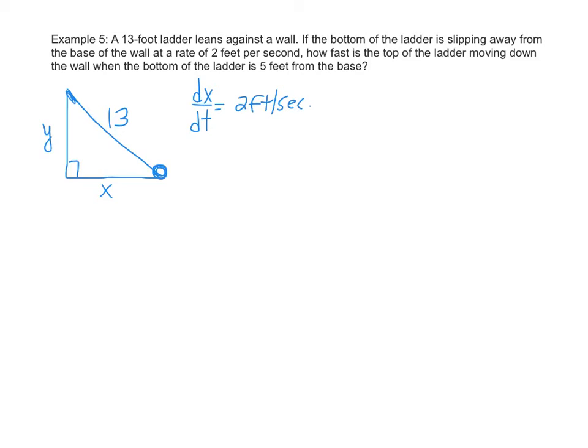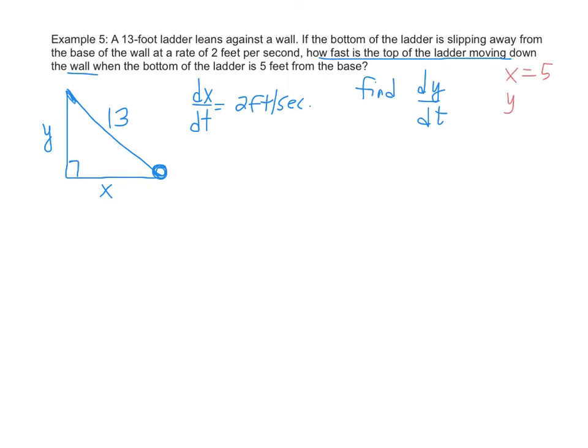So we're trying to find how fast is the top of the ladder moving down the wall. So we're looking to find dy/dt. So that's the rate at which it moves down the wall, okay, when the bottom of the ladder is 5 feet. So x is equal to 5.